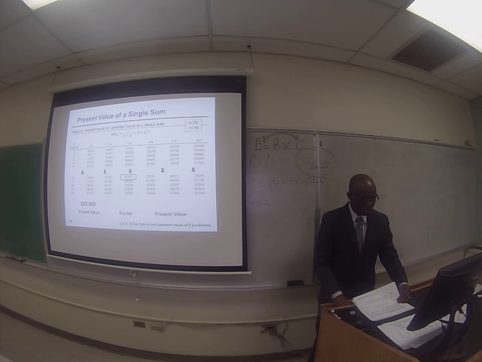So that is what we have here, 3%, 16 interest periods. Here you have it, 0.62317 as the interest factor. Then you use that to calculate the present value.